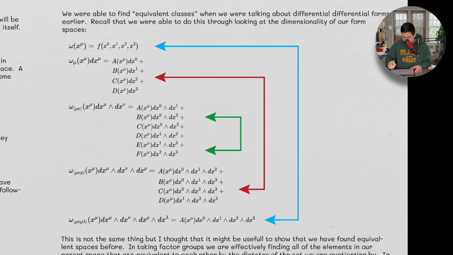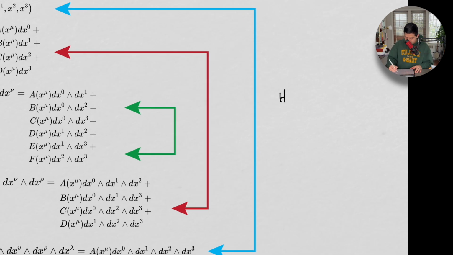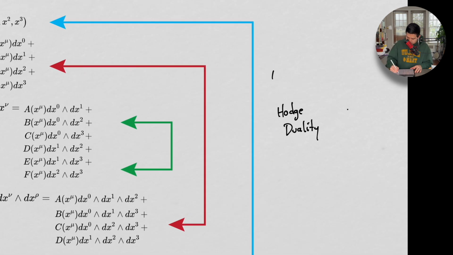So Hodge duality, we talked about this before. Hodge duality and equivalence classes: these two things are different. However, the idea of finding equivalent things is something that we want to keep at the forefront of our minds.